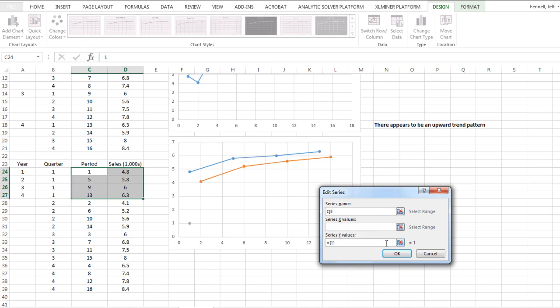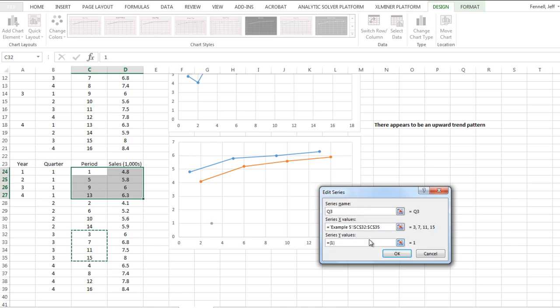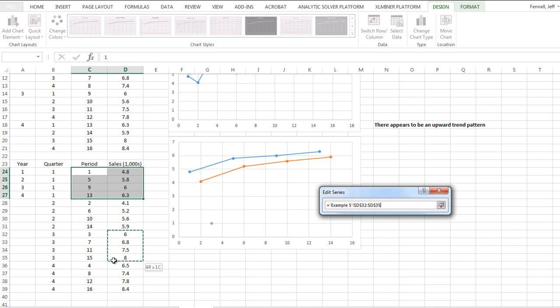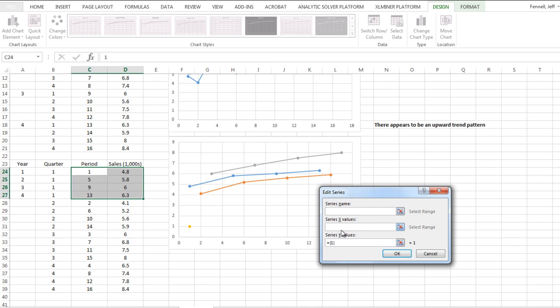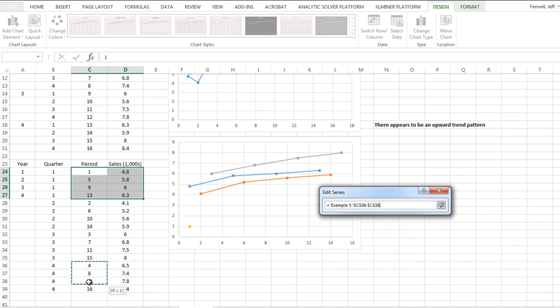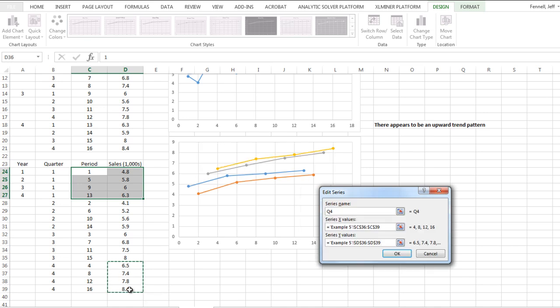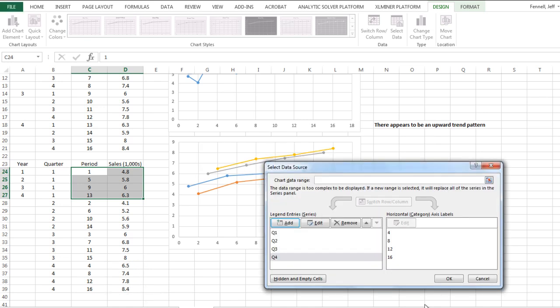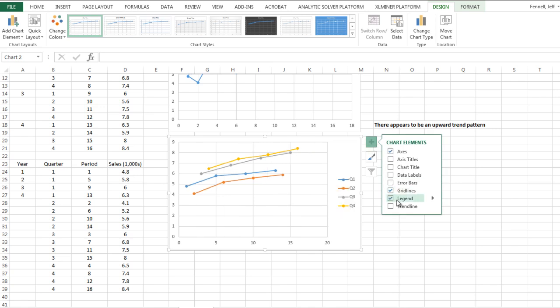Quarter 3. And quarter 4. Again, if we like, we can add our legend.